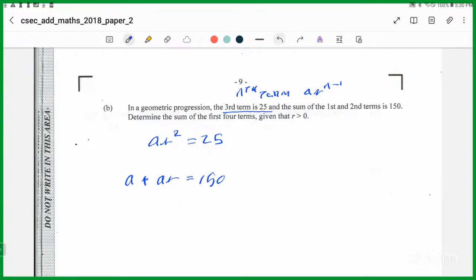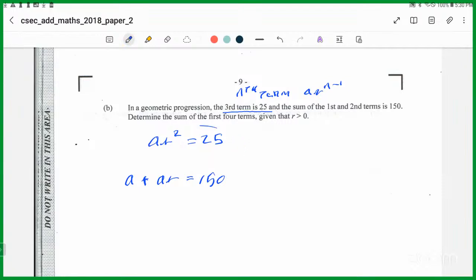And I told you that simultaneous equations derived from a geometric progression are usually best solved by dividing them. When you get simultaneous equations from an AP, an arithmetic progression, you add or subtract them.